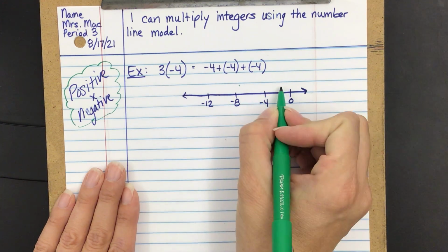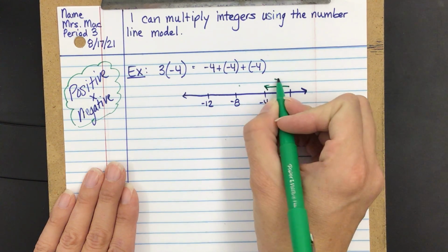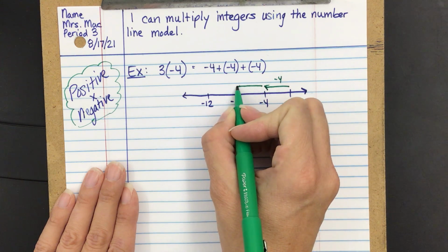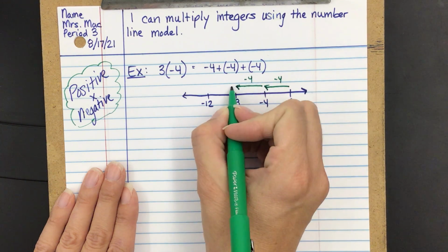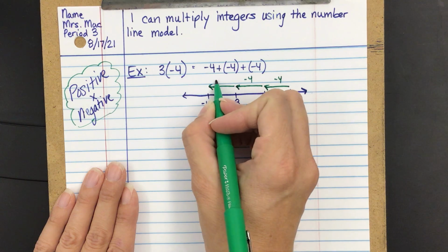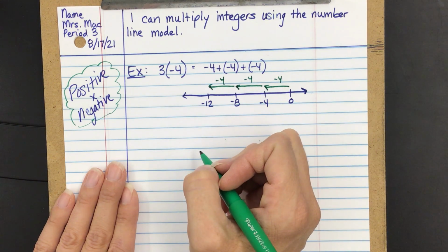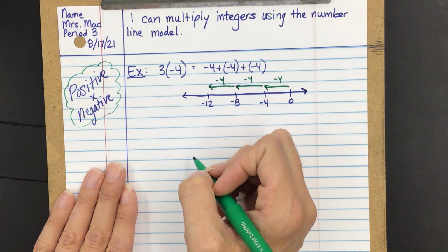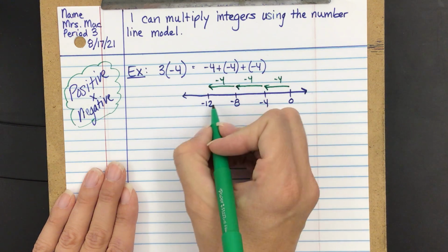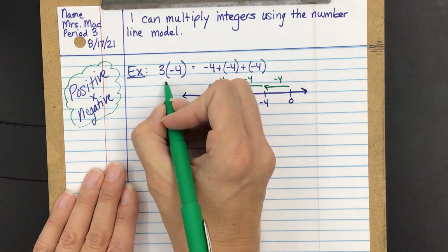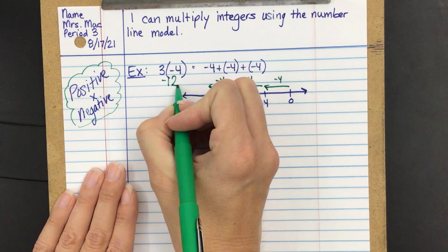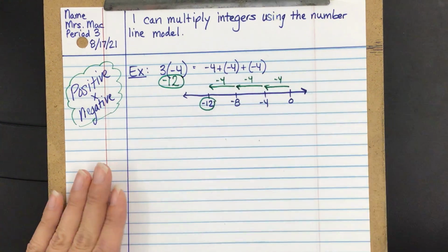So we start at 0, and we did 1 group of -4, 2 groups of -4, and 3 groups of -4. And where we landed is right here with -12. Okay?